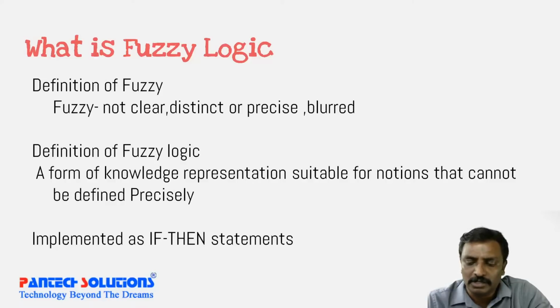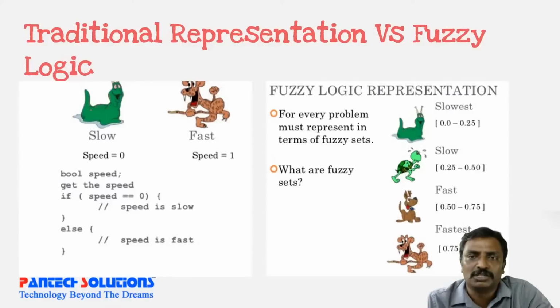I will give an example of a traditional if-else statement and a fuzzy logic statement. In a traditional statement, for example: if speed equals 0, then stop, else speed is slow, else speed is fast. Whereas in fuzzy logic, it is represented as fuzzy sets. You have to categorize the input with a linguistic variable.